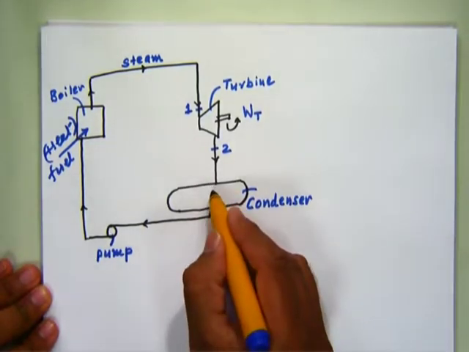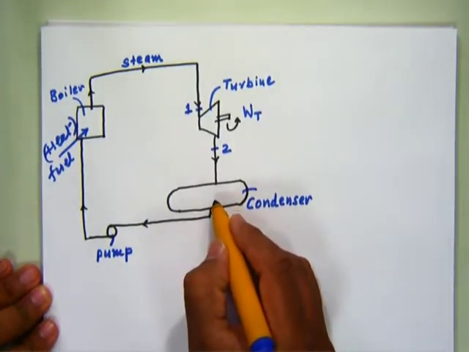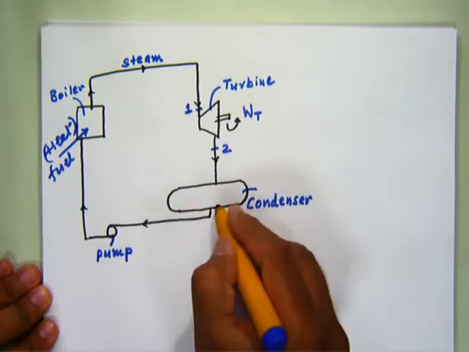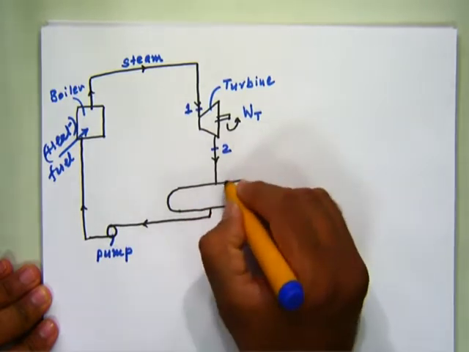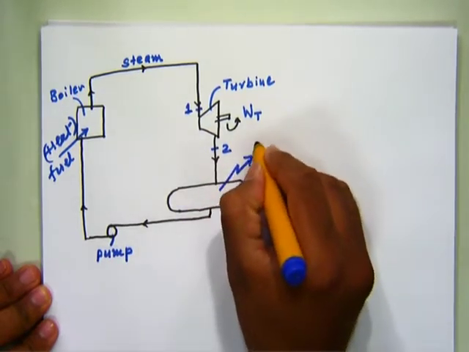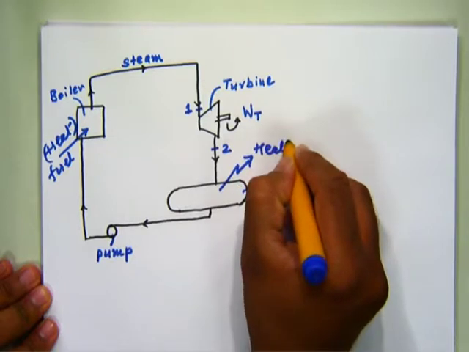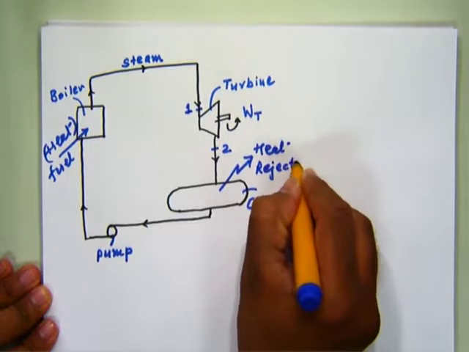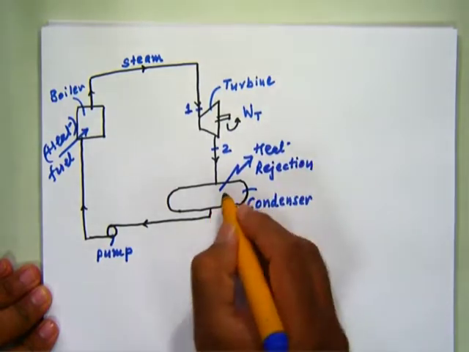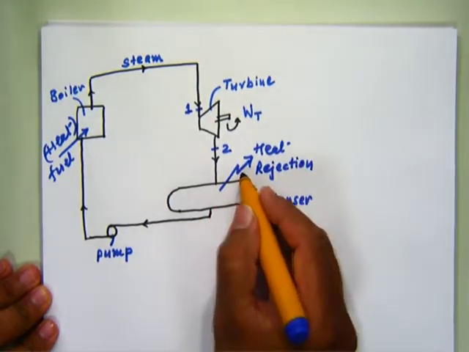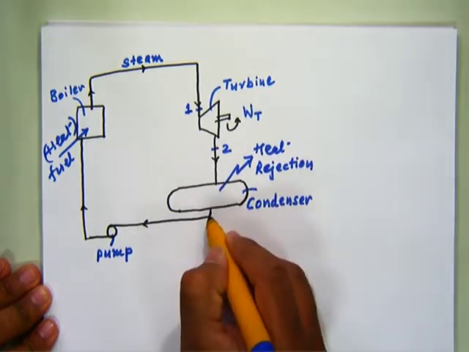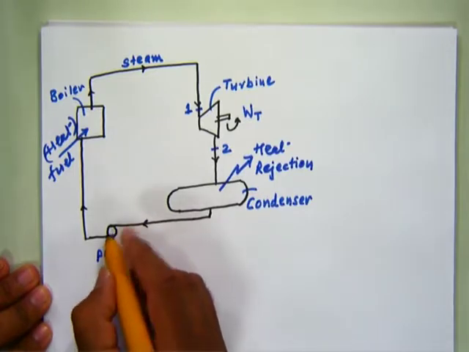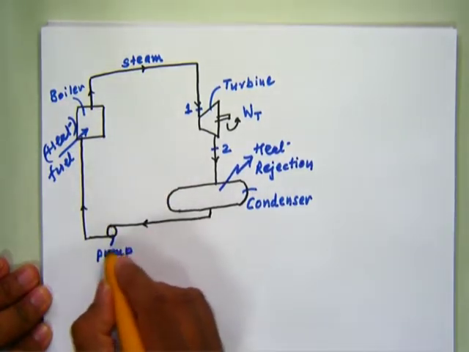Low pressure, low temperature steam enters into the condenser where some cooling medium is moving, so the steam rejects the heat. Heat rejection takes place. Steam converts into water, leaves the condenser through the pump where it feeds back to the boiler.